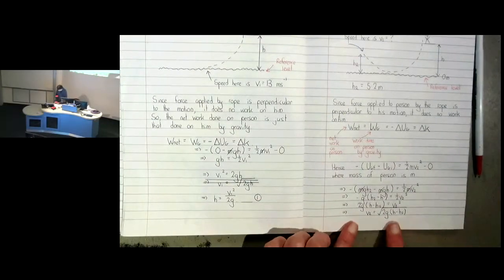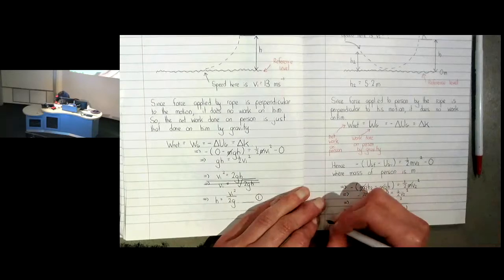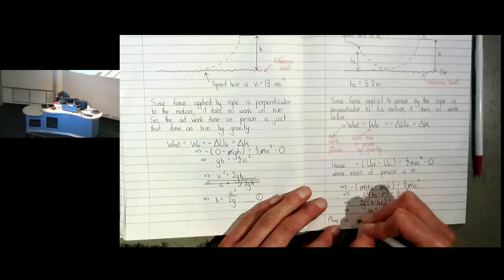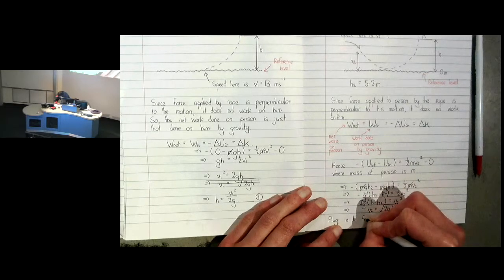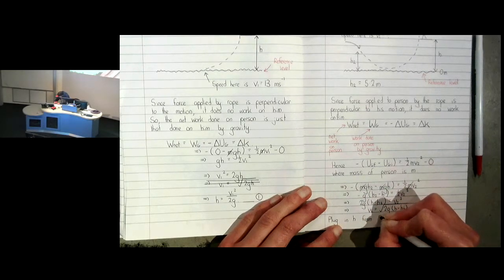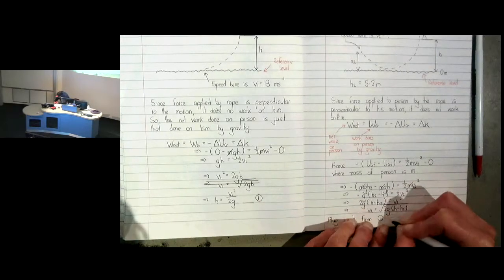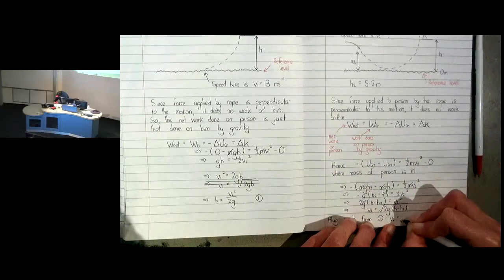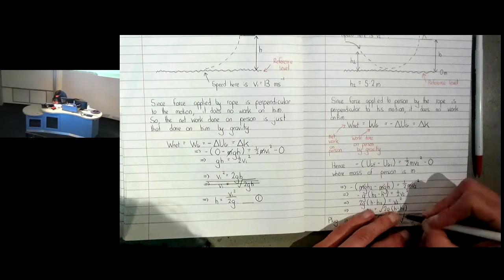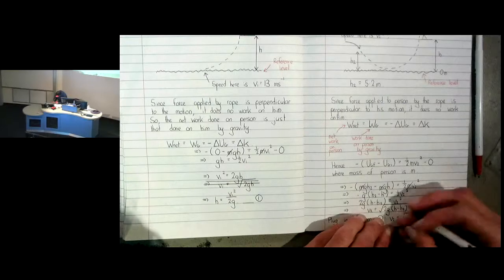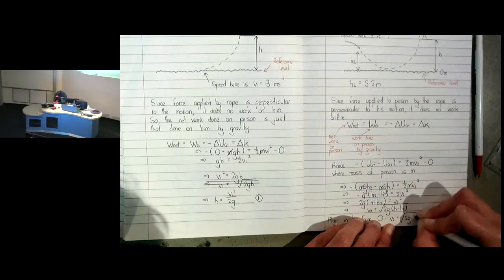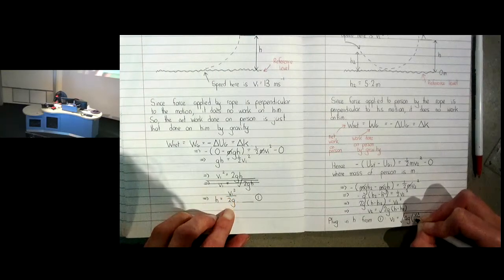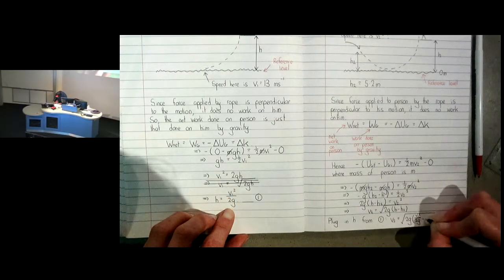And so if we go back over to here, we can then plug in h from equation 1. And what we find is that the guy's final speed when he lets go there is going to be equal to the square root of 2g times v1 squared divided by 2g minus h2.